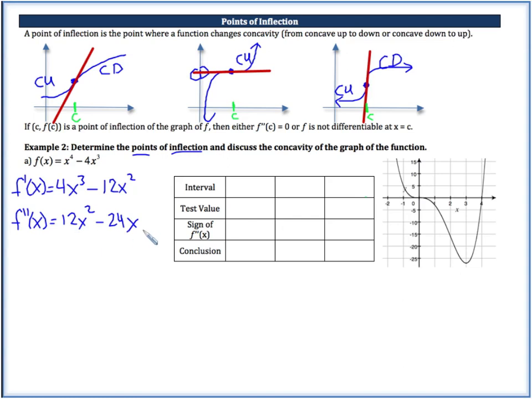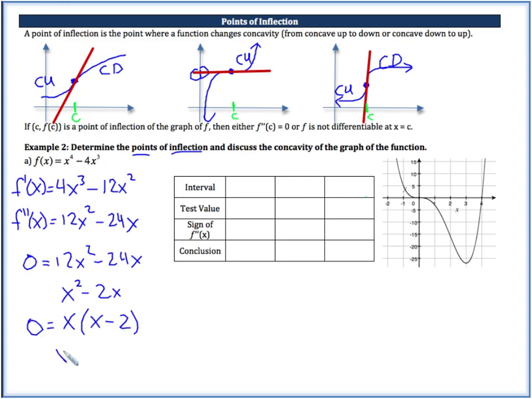We need to find where this does not exist or equals 0. It's going to exist everywhere, so we'll just set this equal to 0. We can take out a 12, so we're left with x squared minus 2x, and we can factor out an x, leaving x minus 2. So our second derivative equals 0 when x equals 0 or 2.